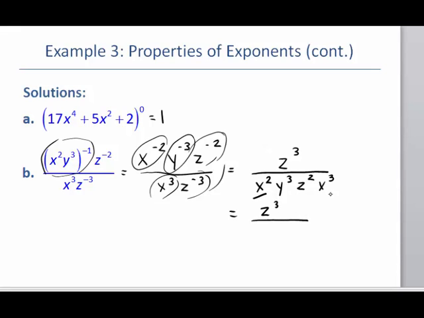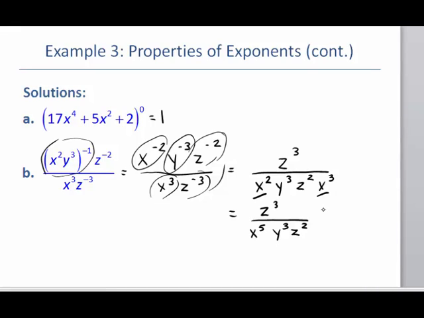You have an x squared and an x cubed. We have a property, remember, that says if your bases are alike, meaning they both have the x, you add your exponents. So x squared times x to the 3rd becomes x to the 5th. And I'm going to write the rest of it down as is.